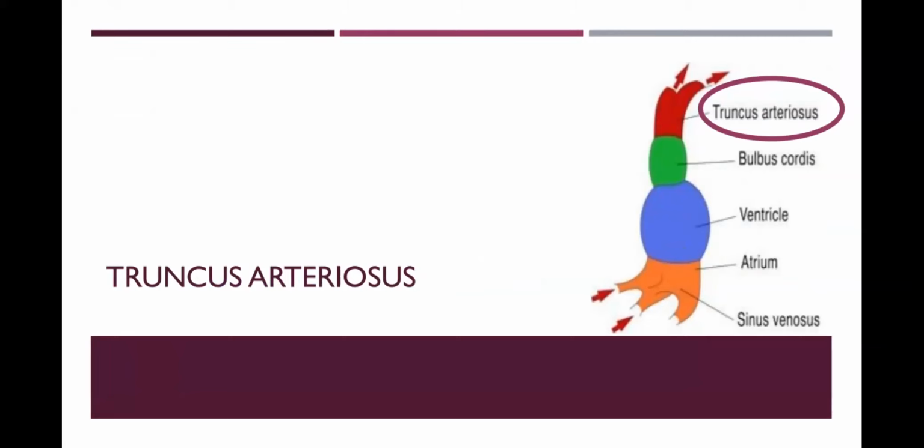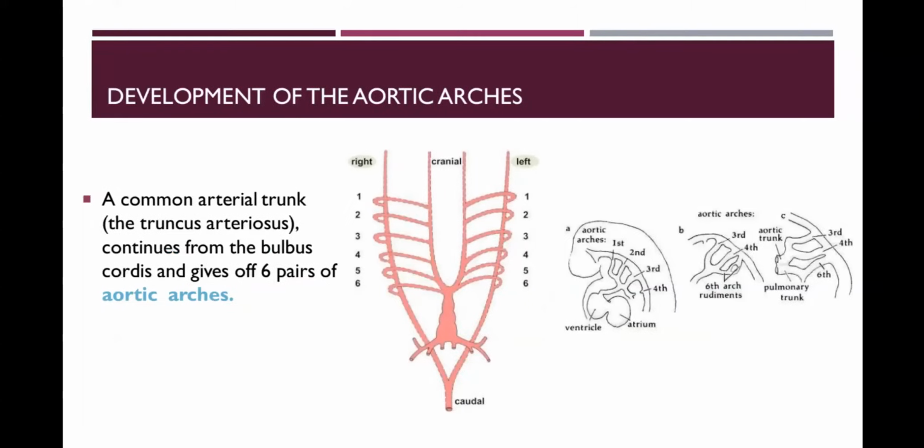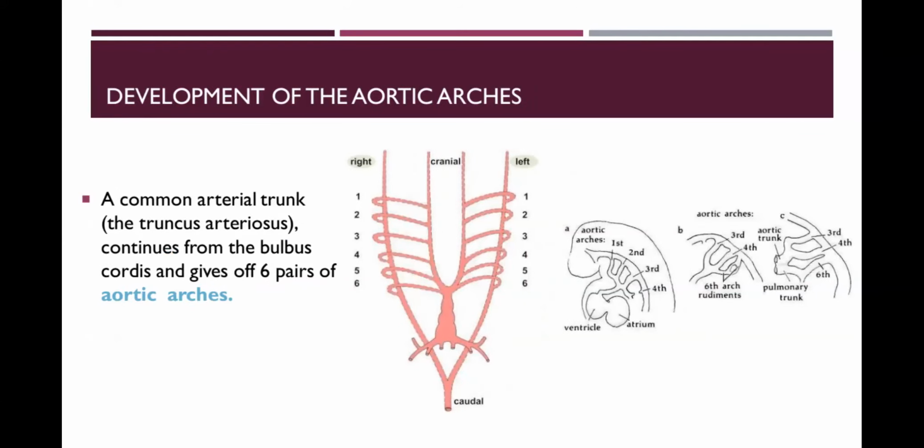Talking about the truncus arteriosus, a common arterial trunk, the truncus arteriosus continues from the bulbus cordis and gives off 6 pairs of aortic arches, like we see in this picture. And the caudal part is the extension of the truncus arteriosus.